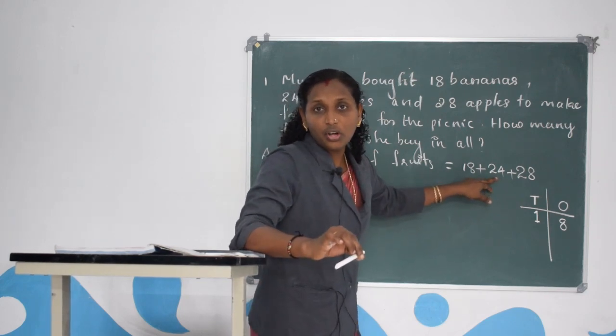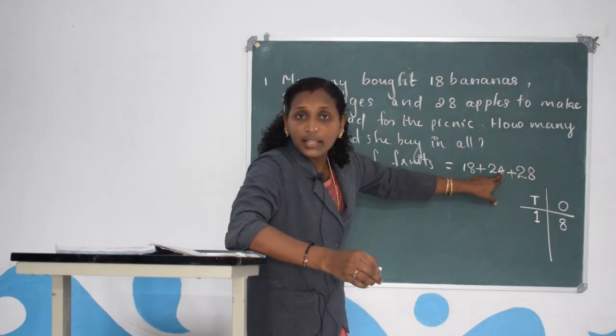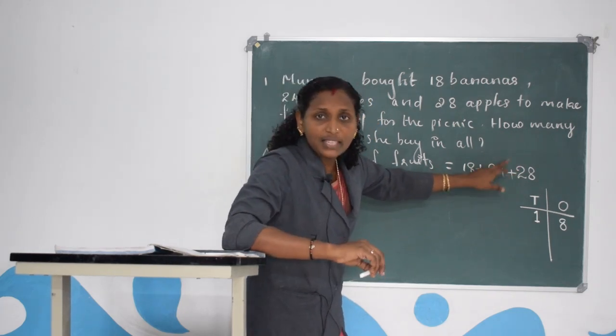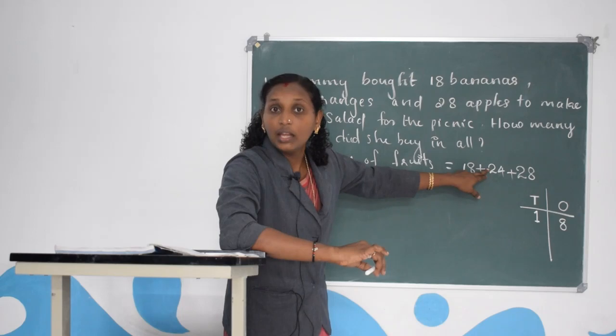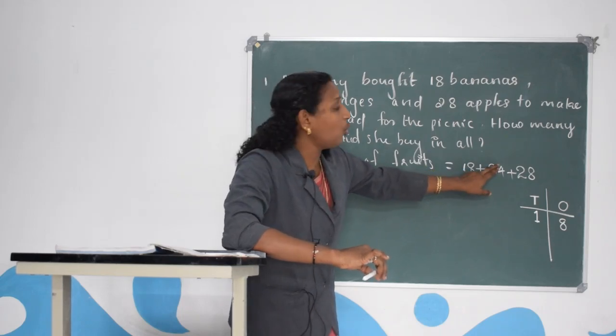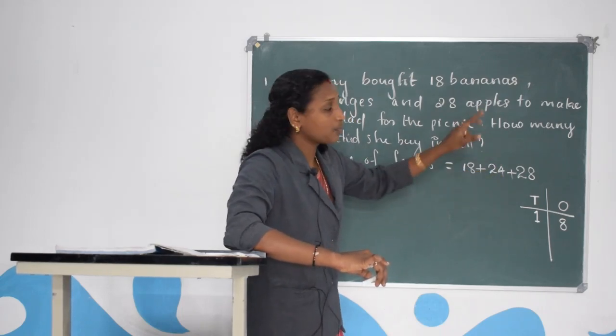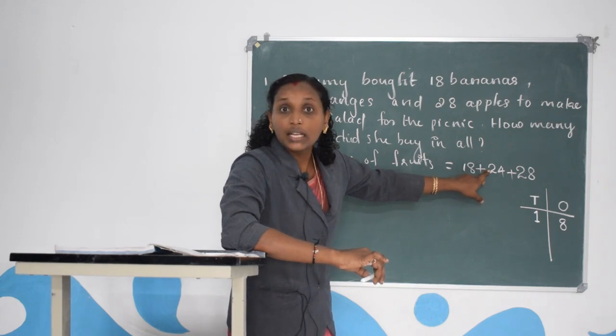Then look at the next number, 24. 24 means 4 in the ones place and 2 in the tens place. Write 4 on the bottom right in the ones place and 2 in the tens place.